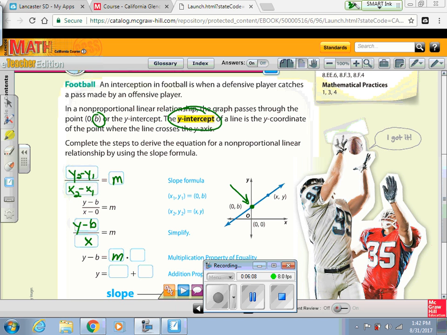And that means that we're going to multiply both sides by x. Oh, I did that on the wrong side. Hold on. By x here. They cancel here.